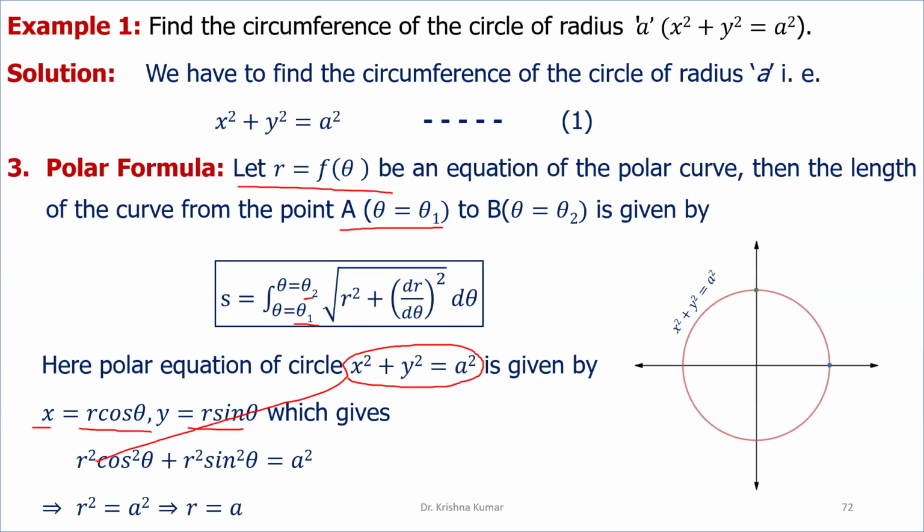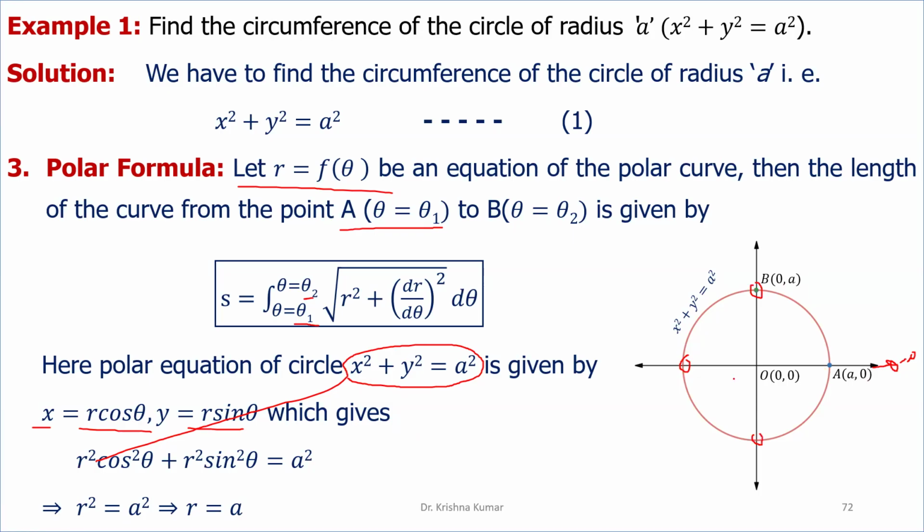So this is the circle, and now we are using the polar curve. In the case of a polar curve, this is theta equal to 0, this is theta equal to pi by 2, this is pi, and this is 3 pi by 2.